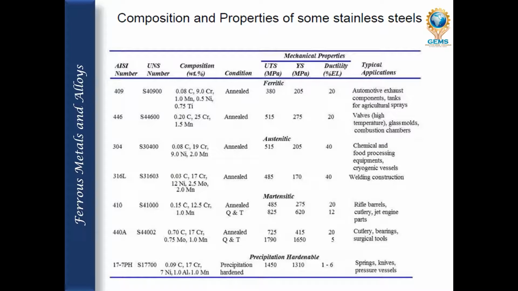So there are different other materials in which you could see that they use 410 in rifle barrels, and jet engine parts also. And 440A is used for cutlery, bearings, surgical tools, so many things.